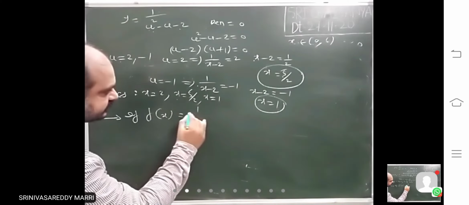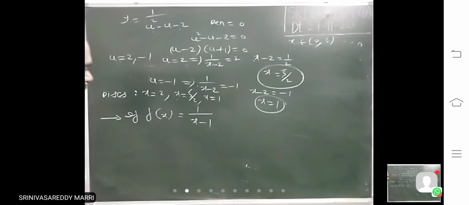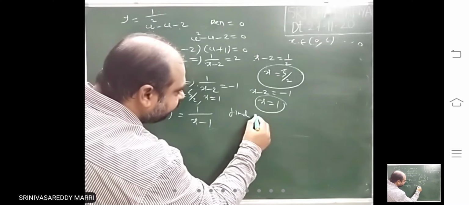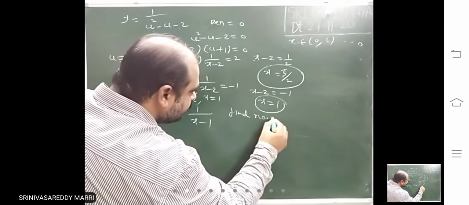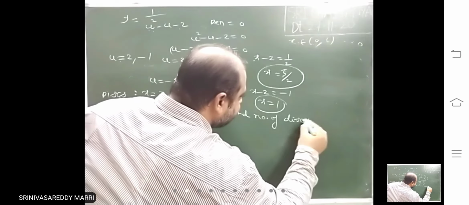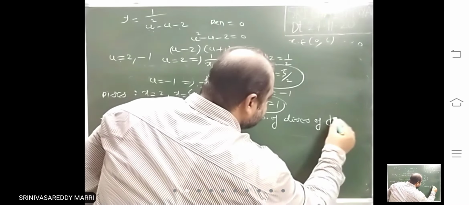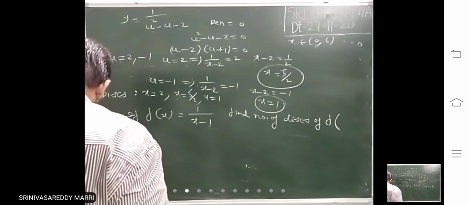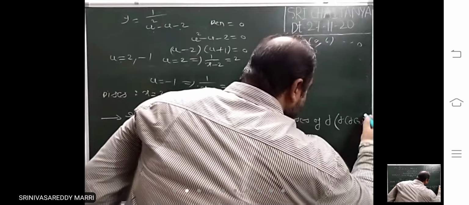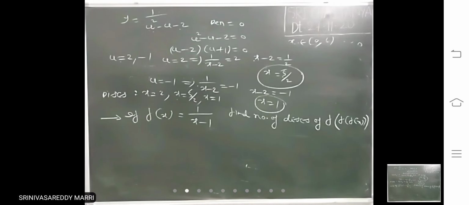If f of x equals 1 divided by x minus 1, find the number of discontinuities of f of f of f of x. Look, first, this is a composite function.